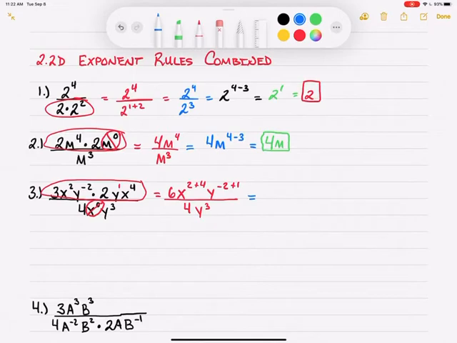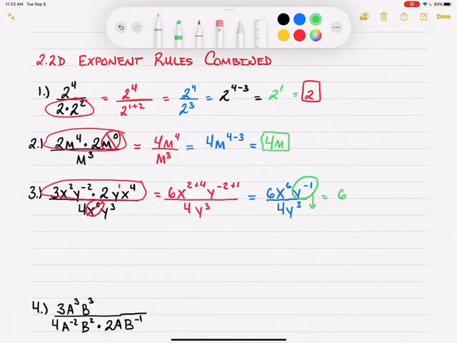So if I simplify the numerator, I have 6x to the 6th power, y to the negative 1st power. In the denominator, I also have 4 times y to the positive 3rd power. The only thing I need to do is realize that this is negative, and I'm going to bring it down.